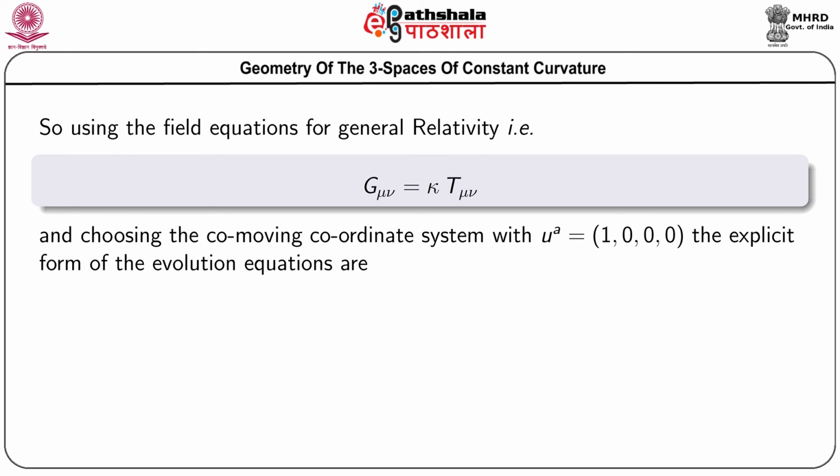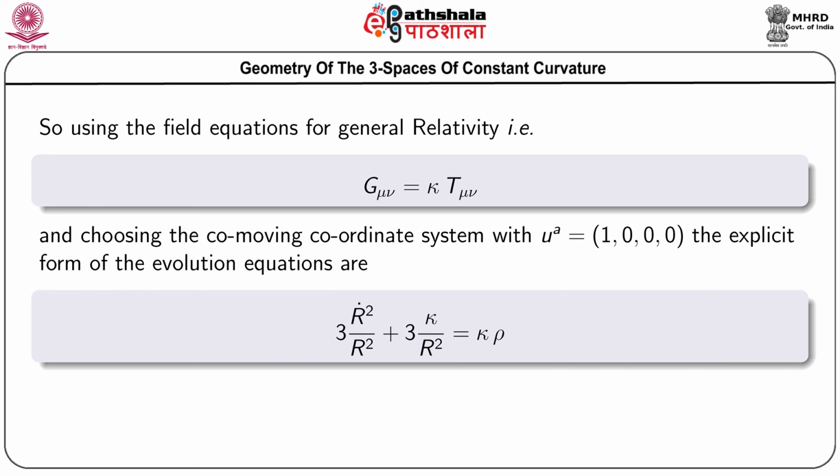And choosing the co-moving coordinate system with u a equals 1 0 0 0, that is the components are like this, the explicit form of the evolution equations will become: 3 R dot square by R square plus 3 kappa by R square equals kappa rho.